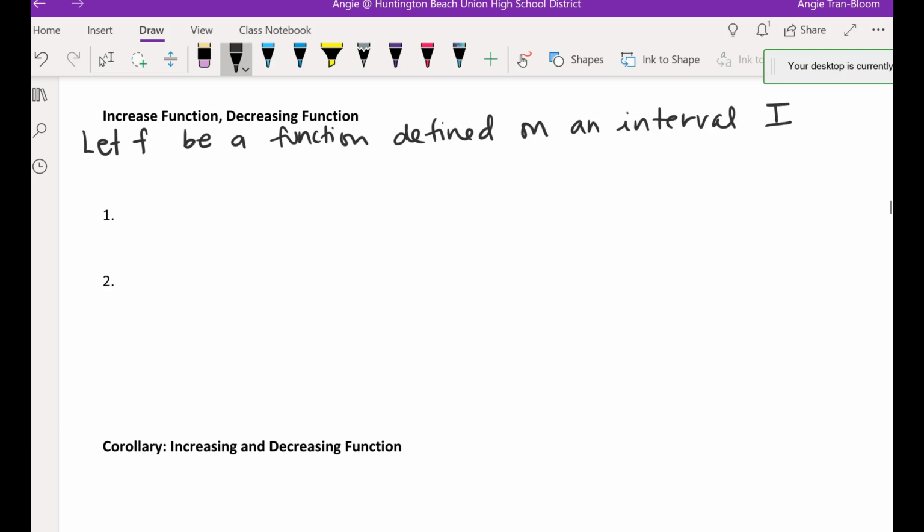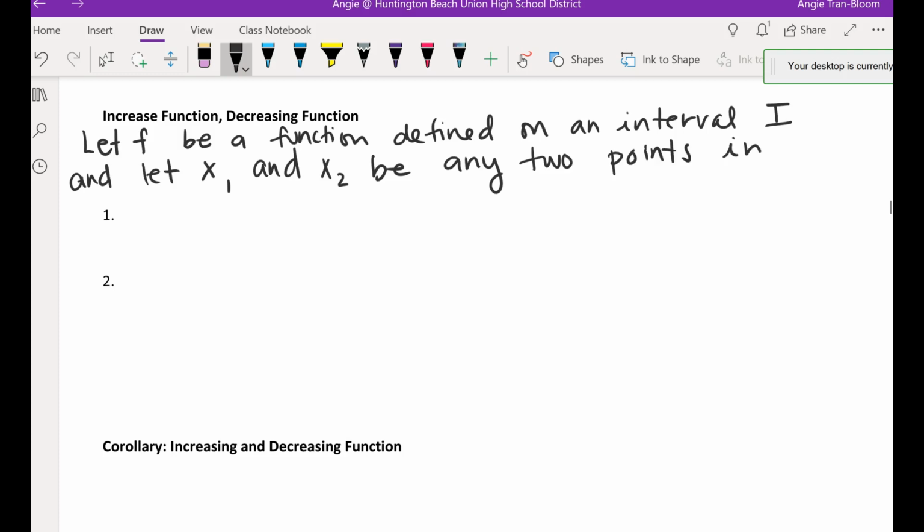Let's call this interval I. And let x subscript 1 and x subscript 2 be any two points in I. Okay, so mind you, I is the interval. Increase and decrease. This is just a review of last year.